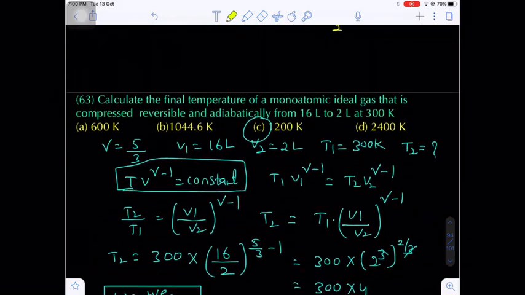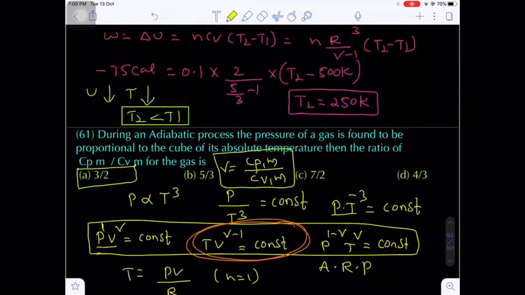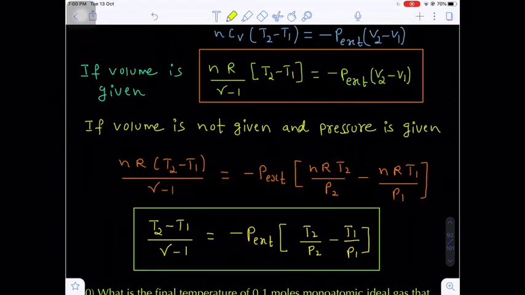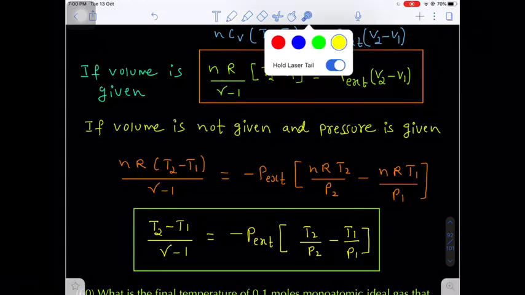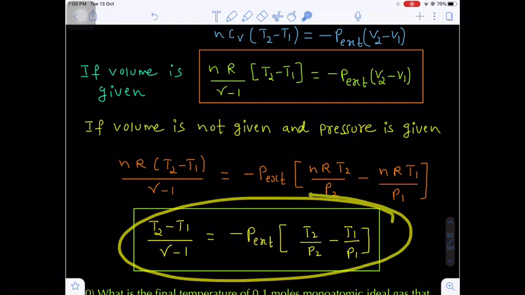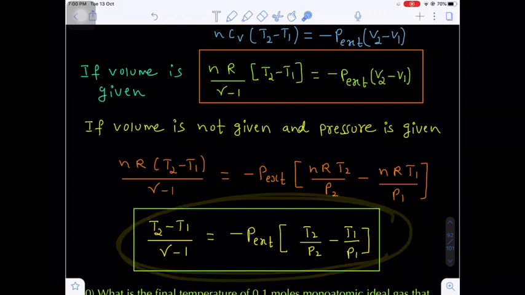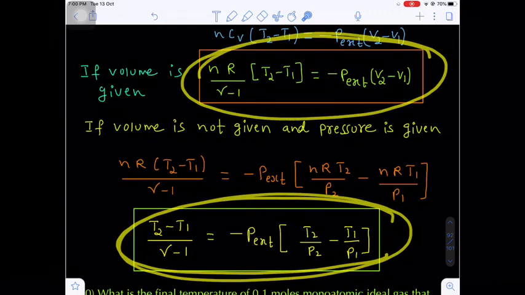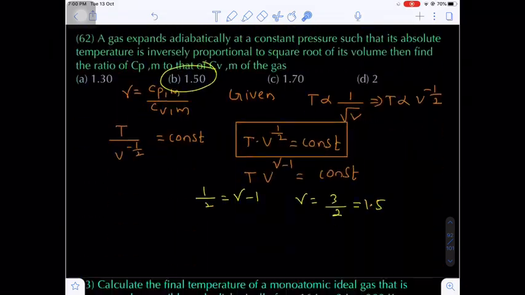This is the relation we have to use, because in the question pressure is given. If the volume is given, then we can use the other formula. Are you getting my point?